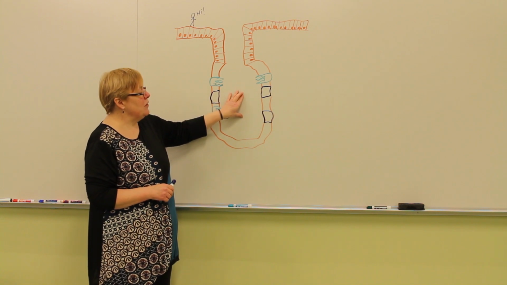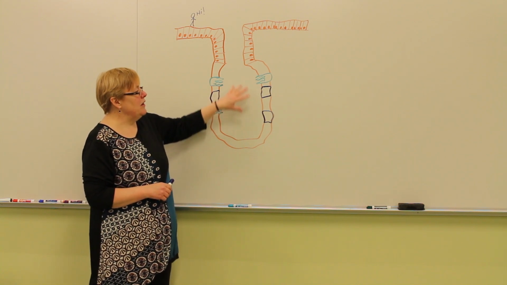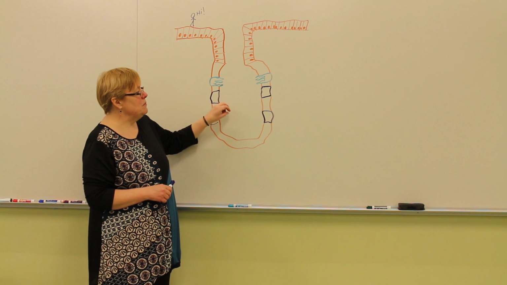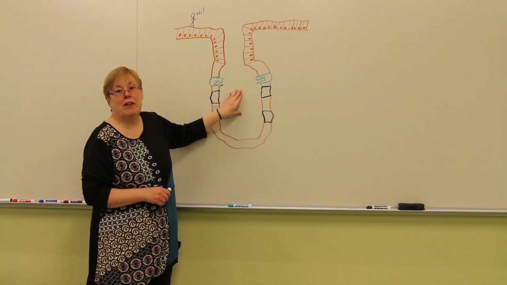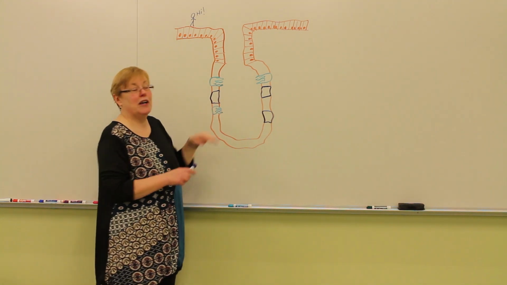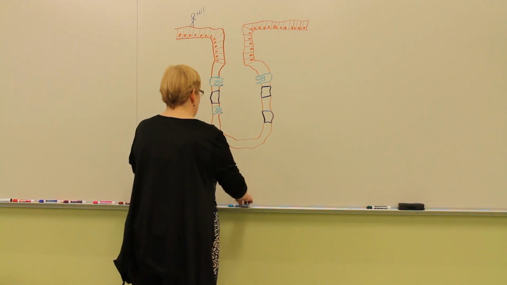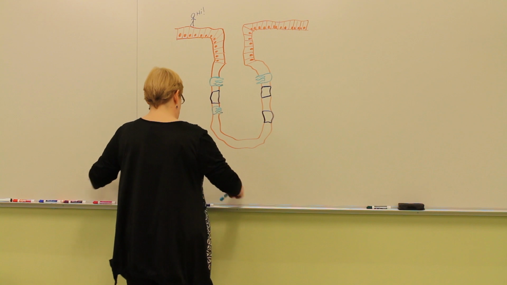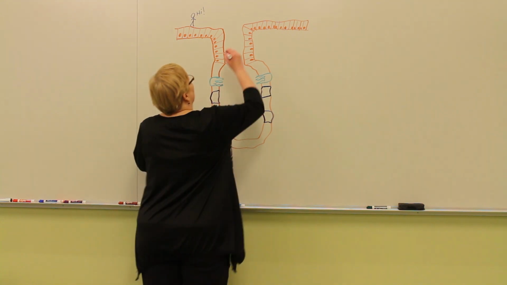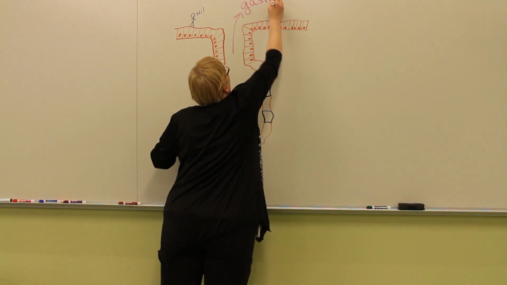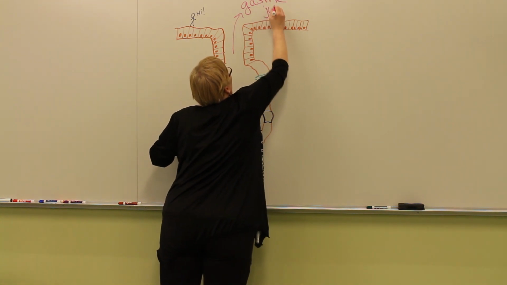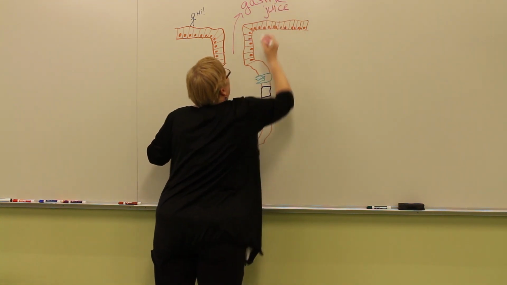And the gastric gland is going to have different substances that are going to be in that secretion, and the secretion of the gland is referred to as the gastric juice. Okay, so we'll indicate the gastric juice coming out.